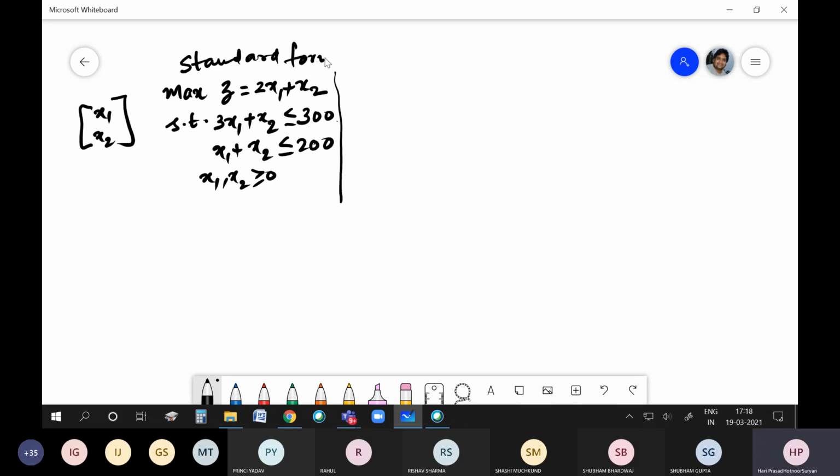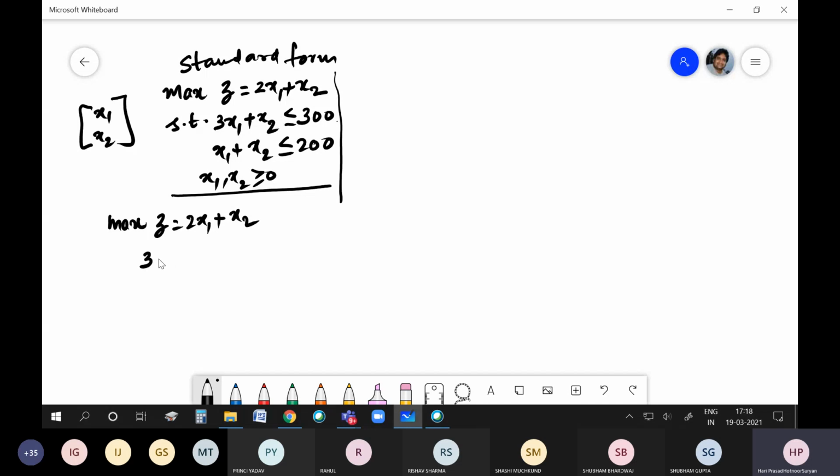So what should we do now? We write it as maximize z equals 2x1 plus x2. We add slack variables to this.